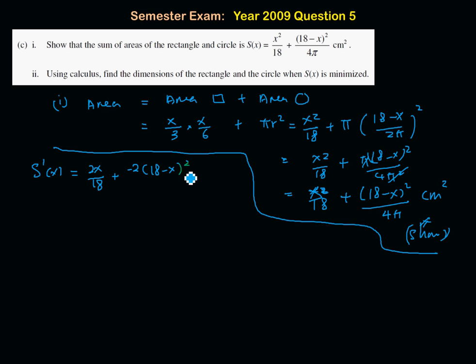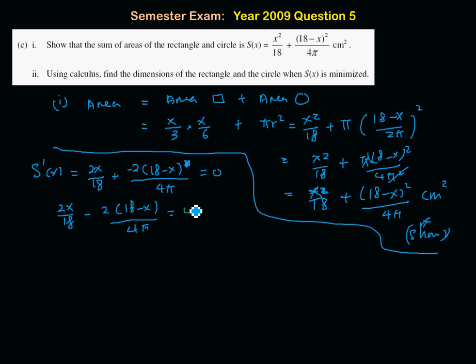Be careful with differentiation. Your job is to set it to 0. So you have 2x over 18 minus 2 times 18 minus x over 4 pi equal to 0.